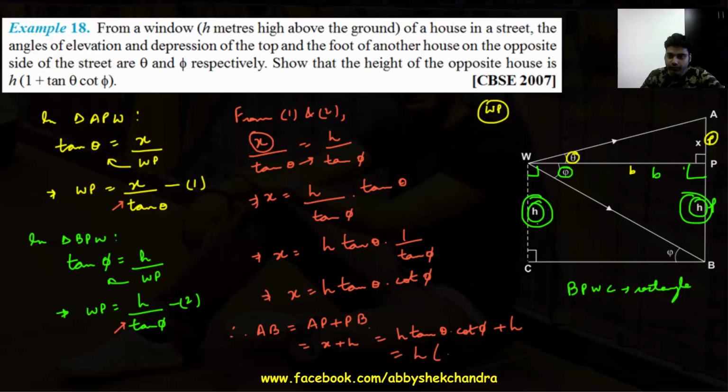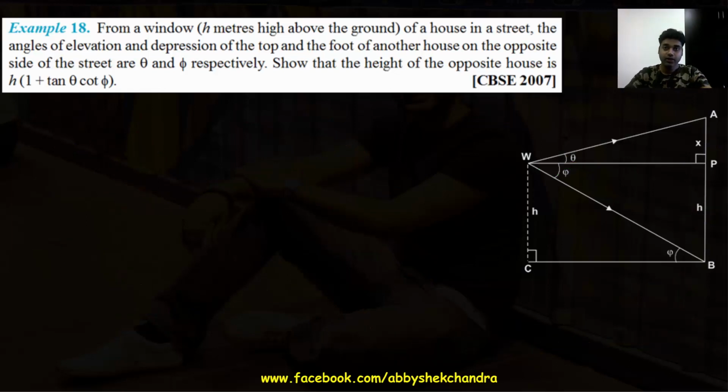Take h common, h into tan theta cot phi plus 1, or this can also be written as h into 1 plus tan theta into cot phi, because a plus b equal to b plus a, right? Hence proved, right? So this is it for today.